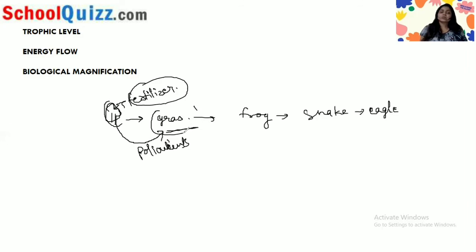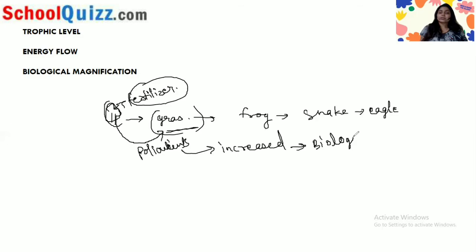These pollutants keep increasing at every level, and this increase in pollutants from the lower to the higher trophic level is called biological magnification.